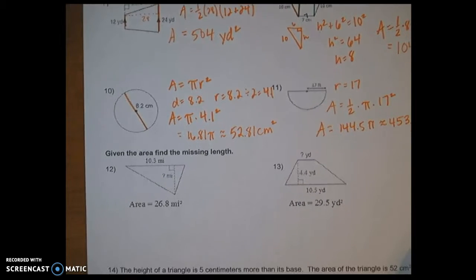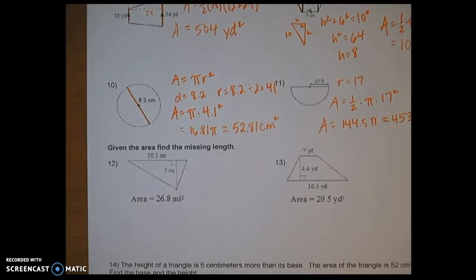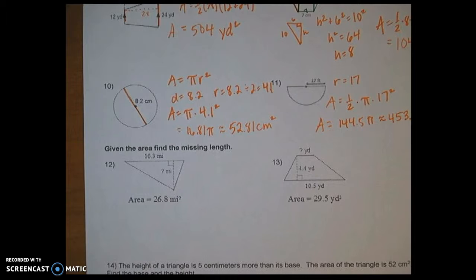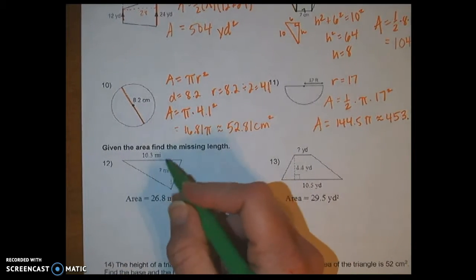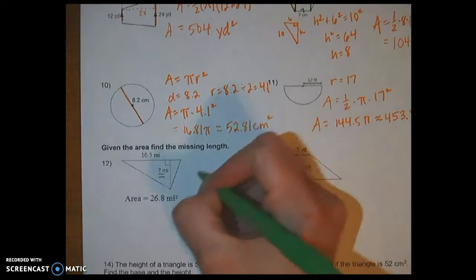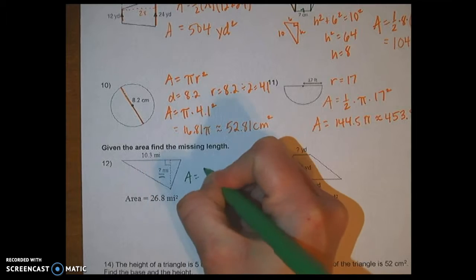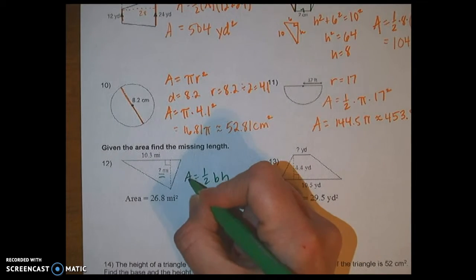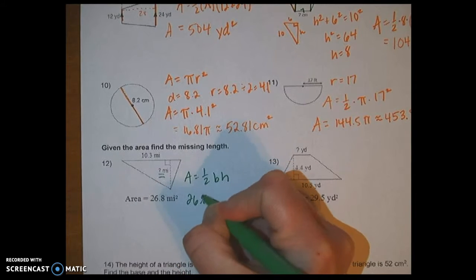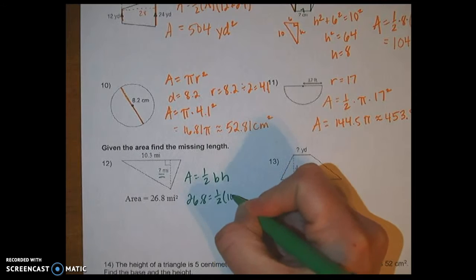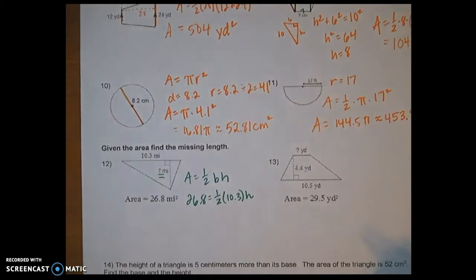Okay, so if you notice on number 12, it asks us to find the missing length. It gives you the area and asks you to find the missing length. So I have a triangle right here, and notice that my question mark is that height. The area of a triangle is 1/2 base times height. Because the area here is 26.8 equals 1/2. My base is 10.3, and I don't know the height.